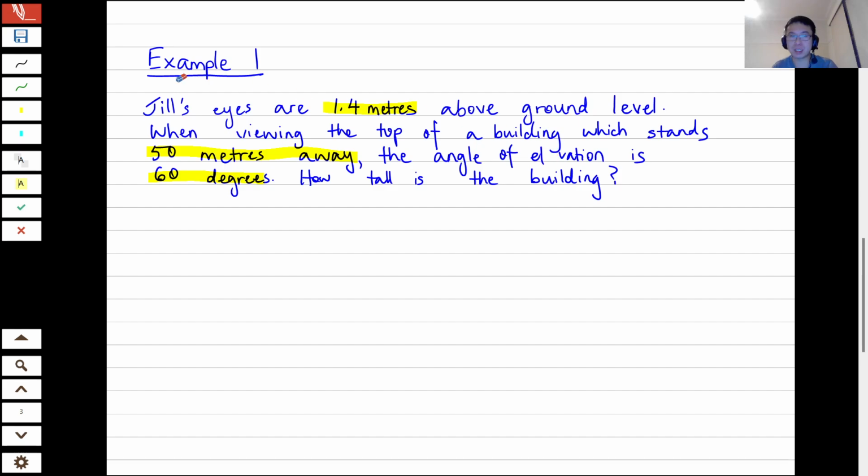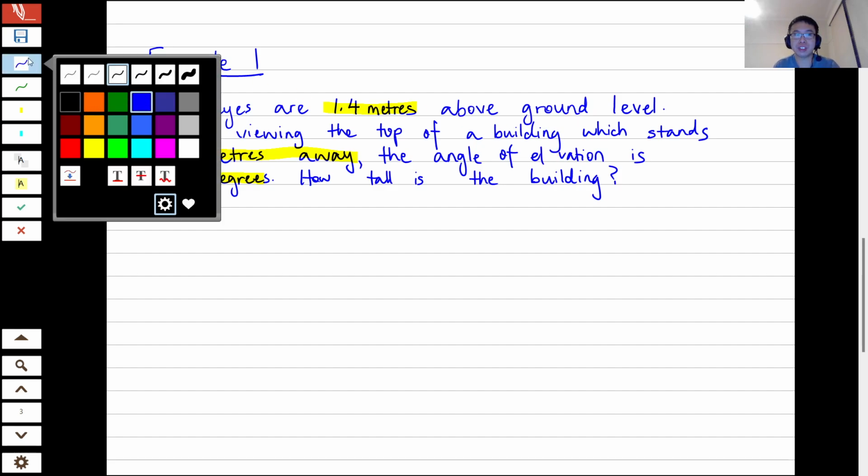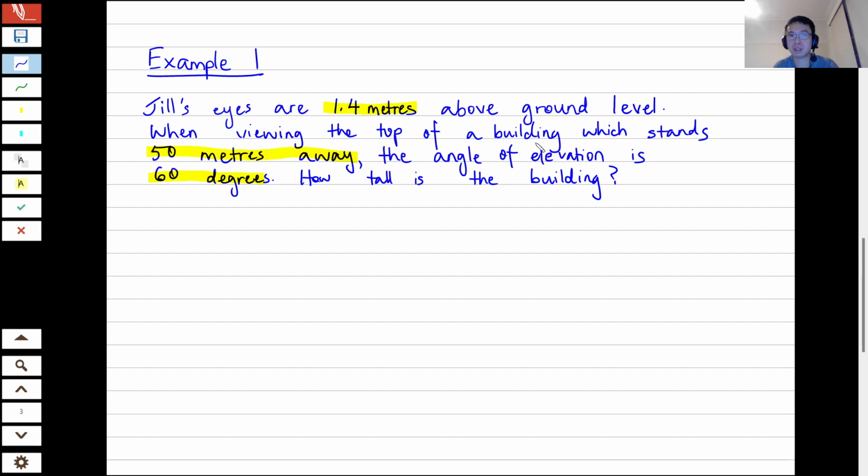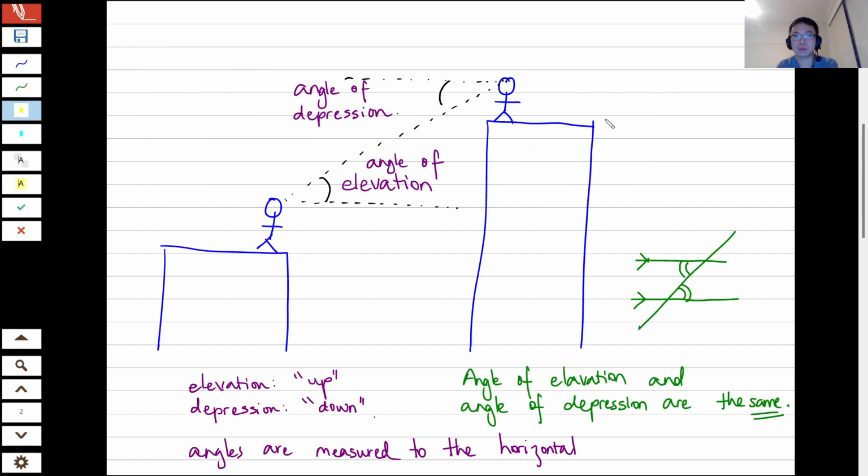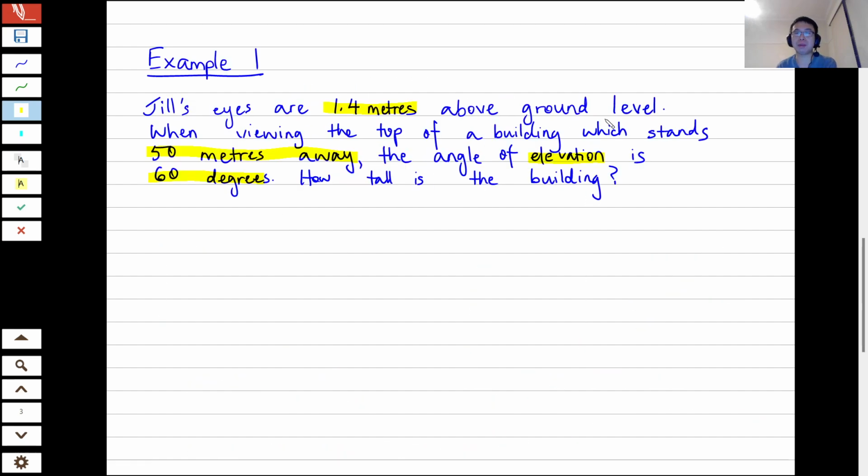Elevation should be spelled with an E, by the way, not an A, so I'll just change that. Yep, spelled it correctly on that slide. And what we're asked is, how tall is the building?